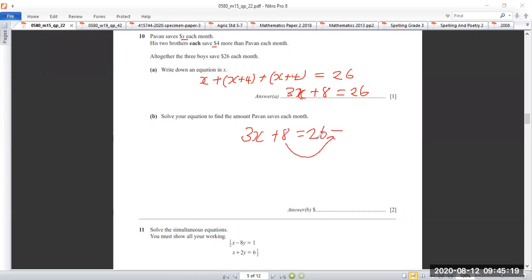Bring this 8 to the other side: 3x is equal to 26 minus 8. 26 minus 8 is 18. Then divide 18 by 3. So our x is equal to what? 6. Good.